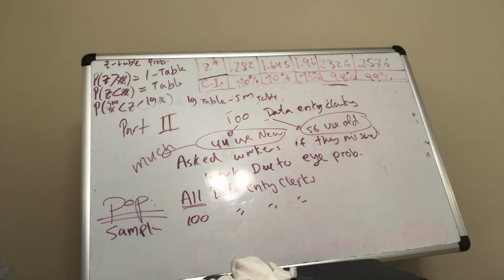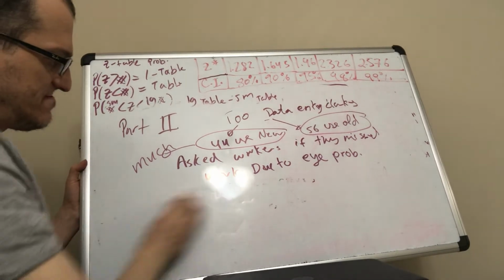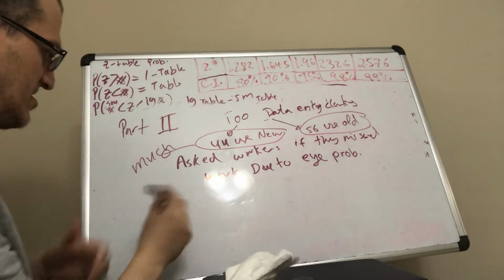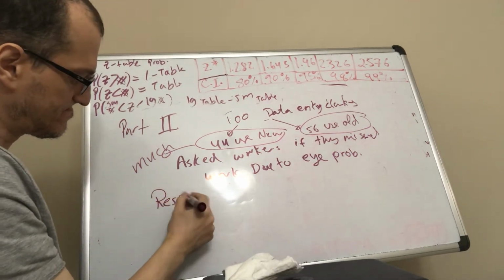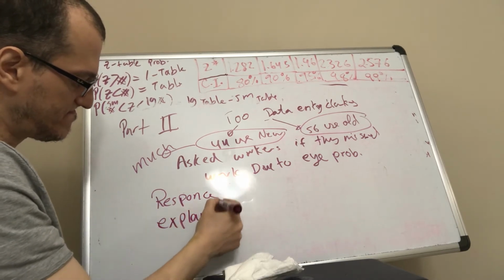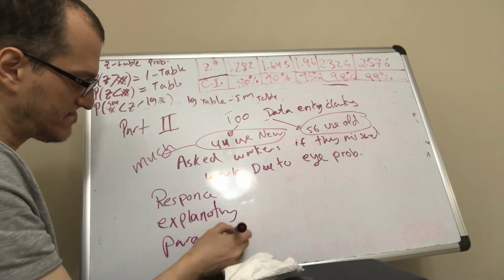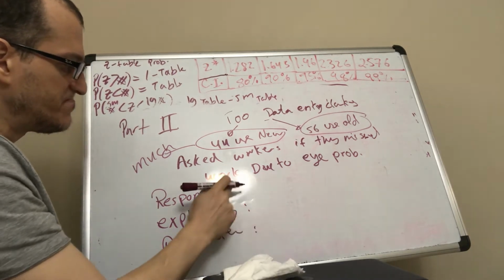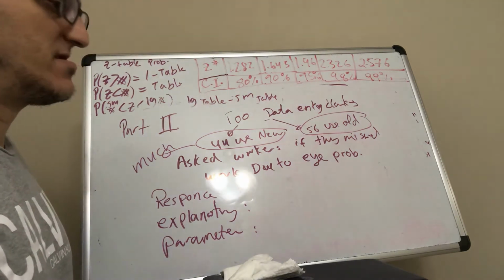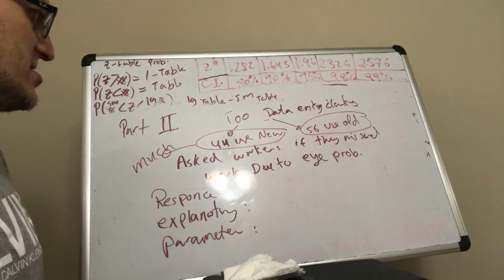And then you need the response, the explanatory, and the parameter. Response, if there's a response, then there must have been the question. What's the question here?